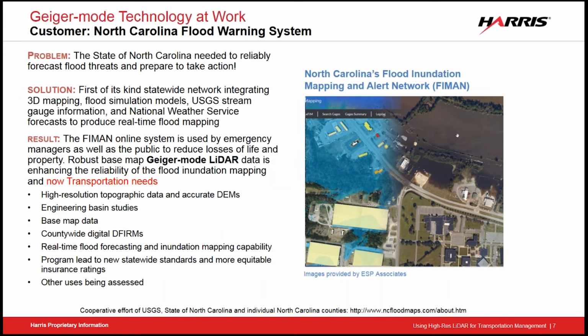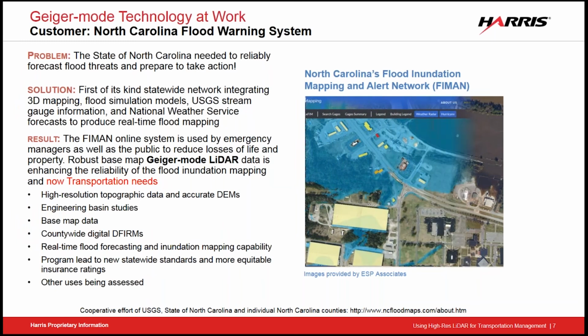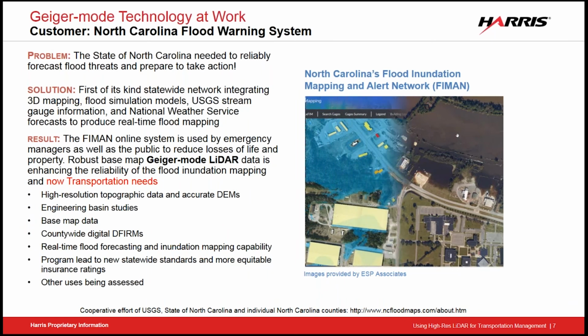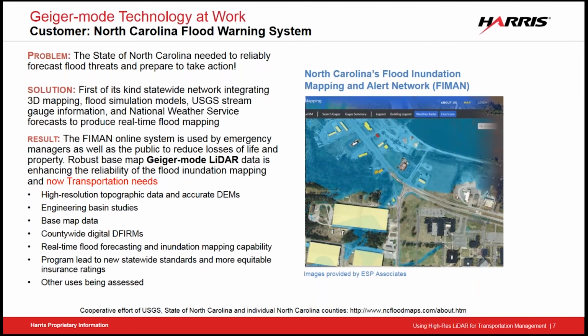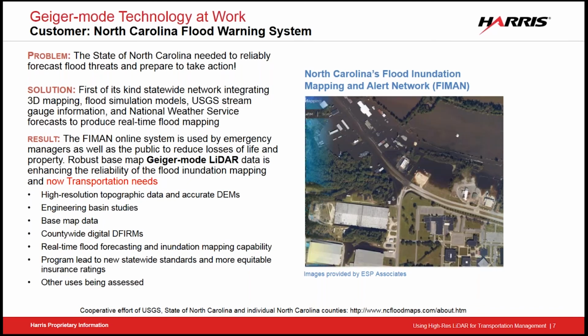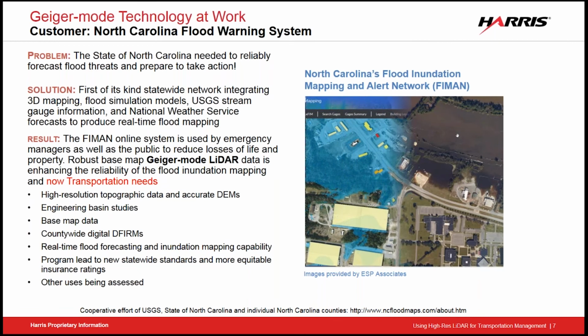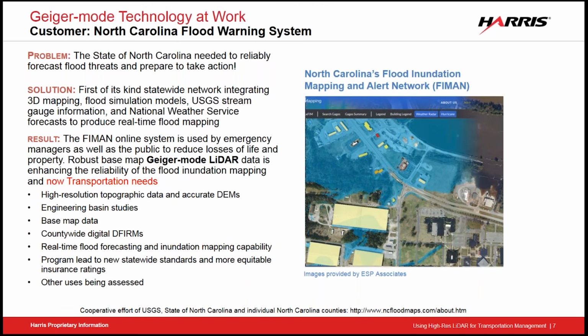But first, I want to give a brief introduction to the customer we're working with here in North Carolina for the flood warning system. It's basically now a project where we're collecting high-resolution LiDAR data with our Geiger LiDAR system for the mapping and alert system for North Carolina.